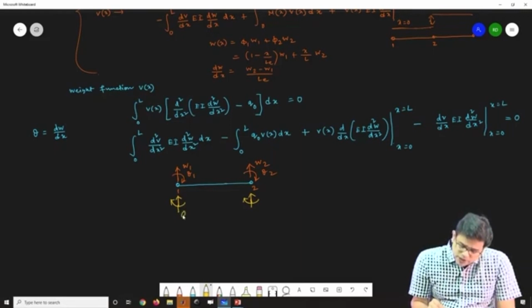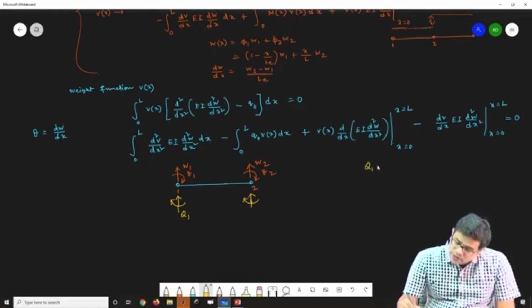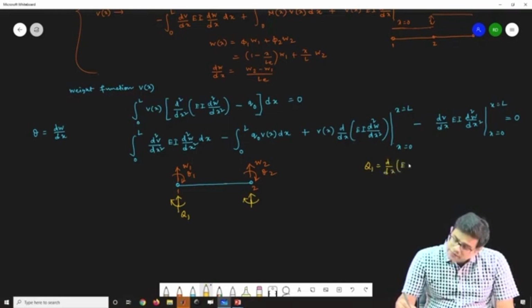So this is nothing but Q1. This is your shear force at this point. So Q1, let us say that is d/dx of EI dW/dx. So these are the secondary variables, or derived quantities.